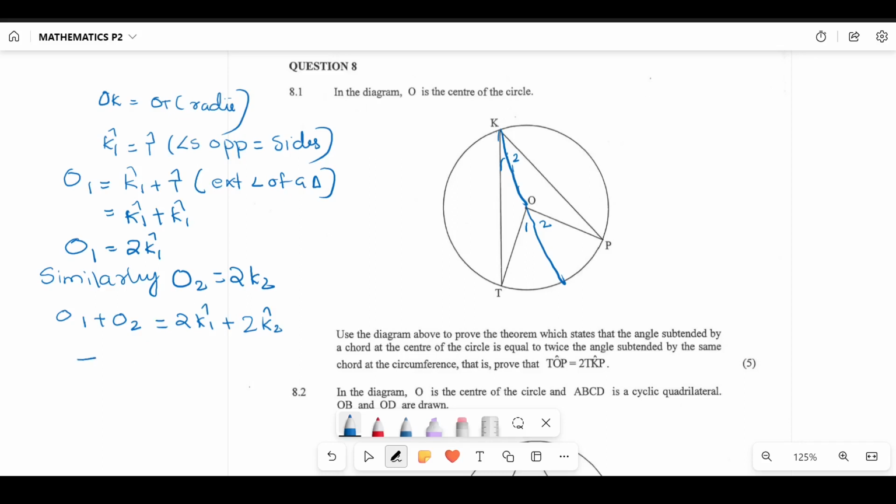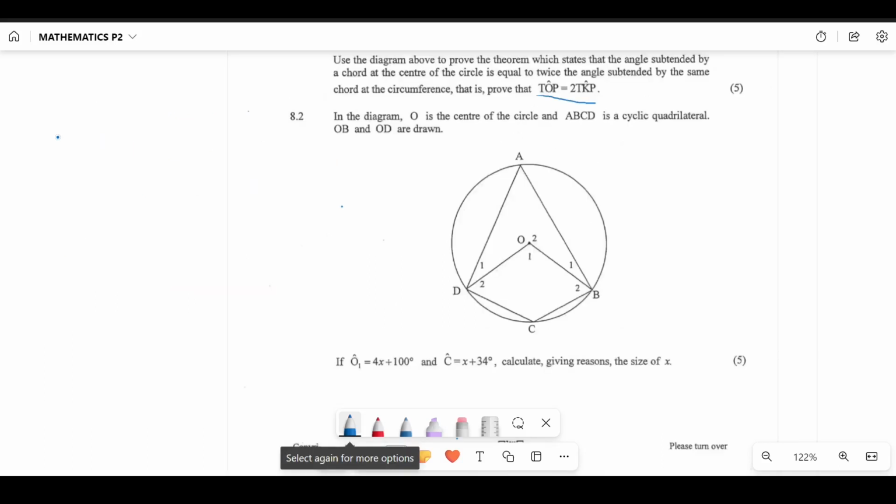That is TOP is equal to 2 times K1 plus K2, which is called TKP. You proved. Or maybe you can also write one more step, which is 2 times K1 plus K2, which is TKP. You proved.